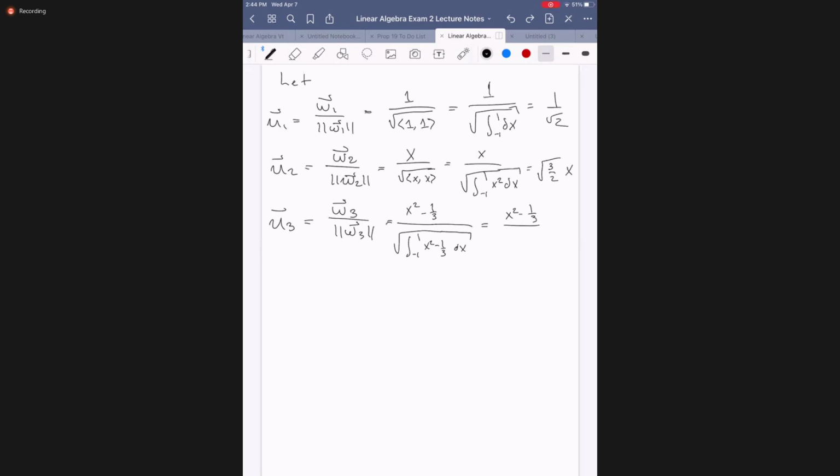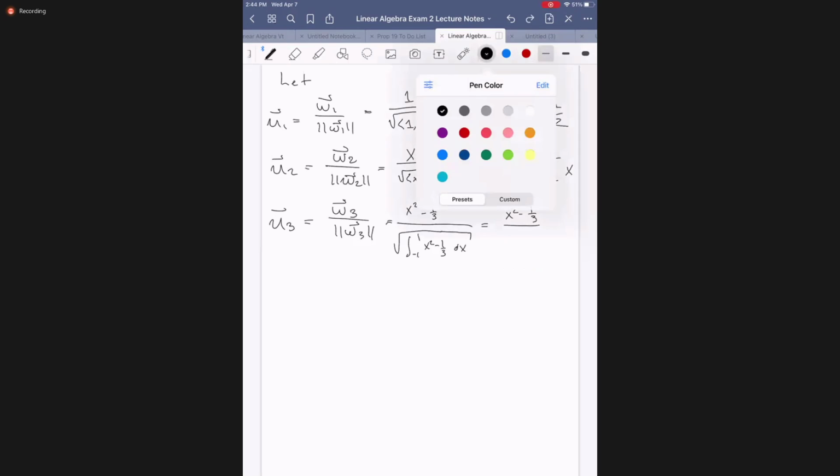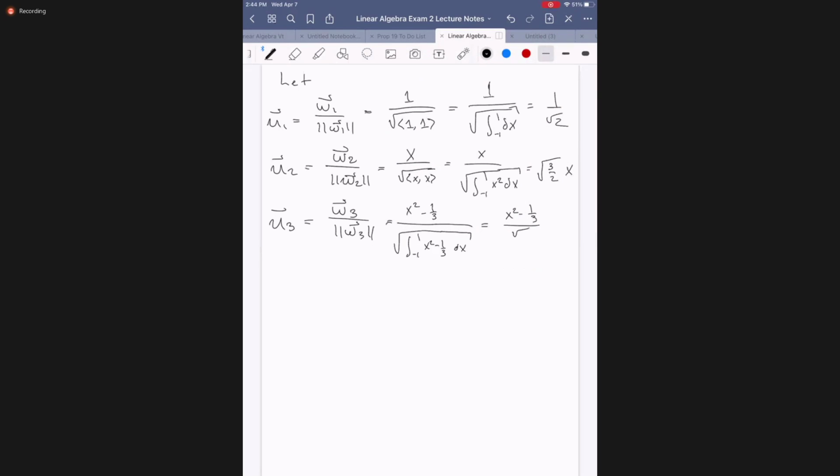Okay, so whatever's down here, I'll let you guys calculate. I think it should be in here somewhere. Yeah, it's right there. So it should come out to be square root of 5 over 2 square root of 2, times 3x squared minus 1.